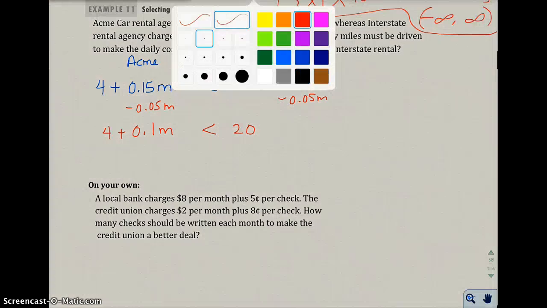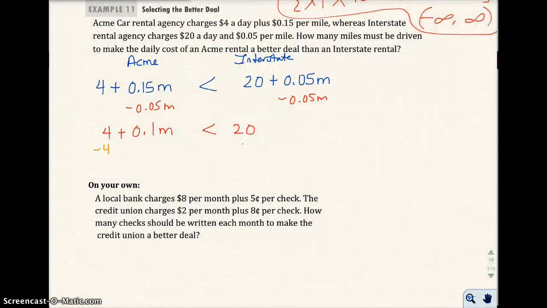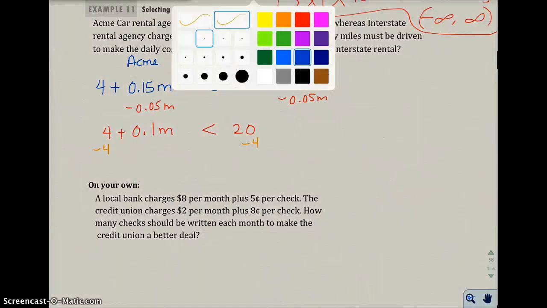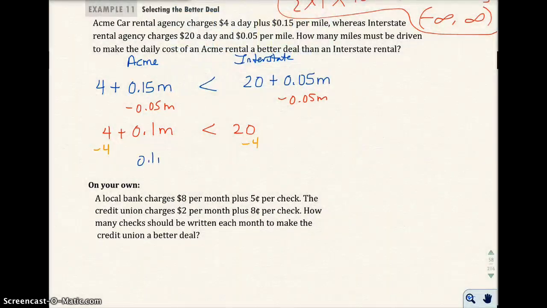I'm going to subtract 4 from both sides. So that gives me 0.1m is less than 16. Divide by 0.1 on both sides. So m is going to be less than 16 divided by 0.1, which is 160.